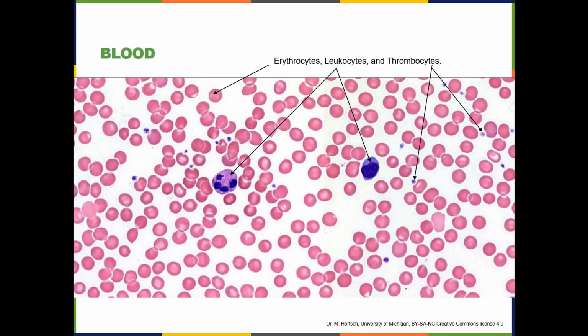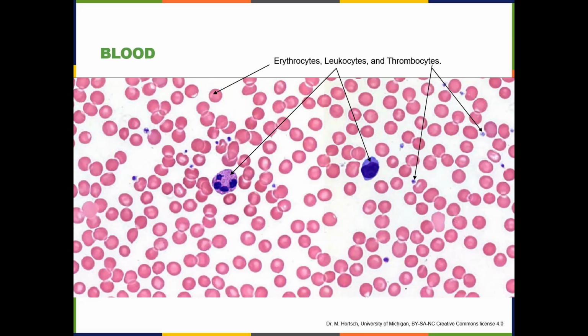Fluid connective tissues like blood have ground substance that is much less viscous, allowing blood to flow easily through blood vessels circulating around the body.